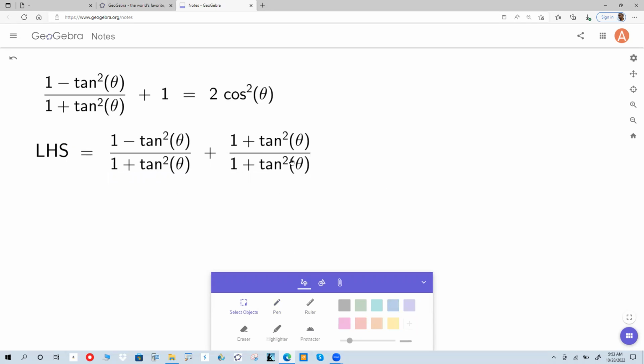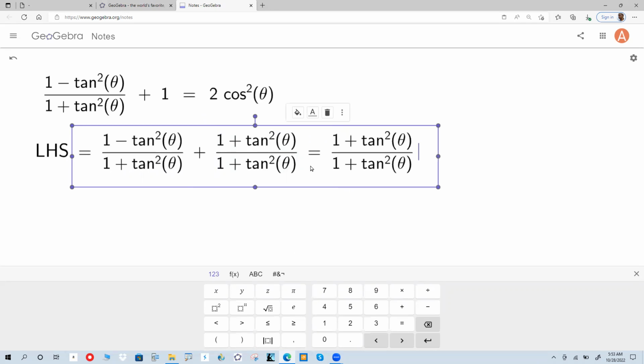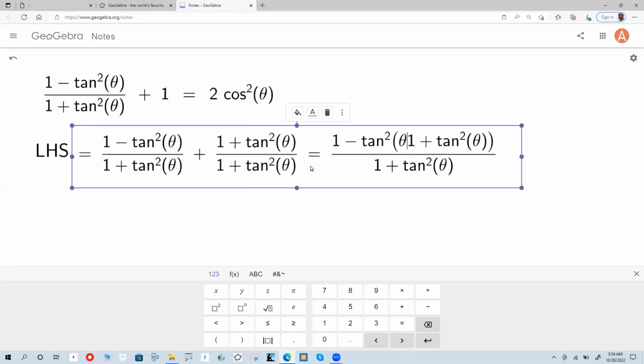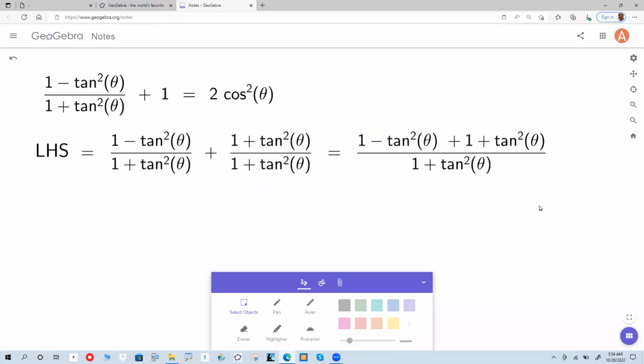Now the denominators are the same. What happens to the numerators? You can just add them. So on top, I can write 1 minus tan squared theta, and that's still there.